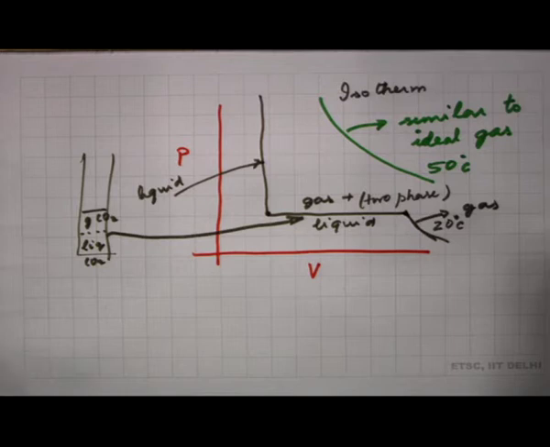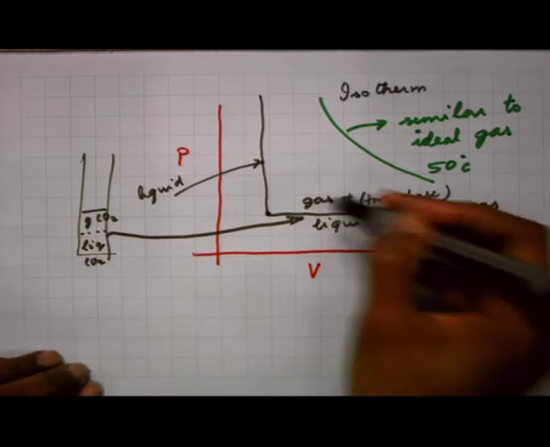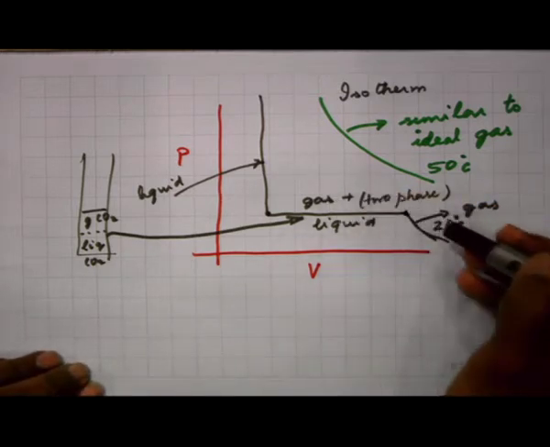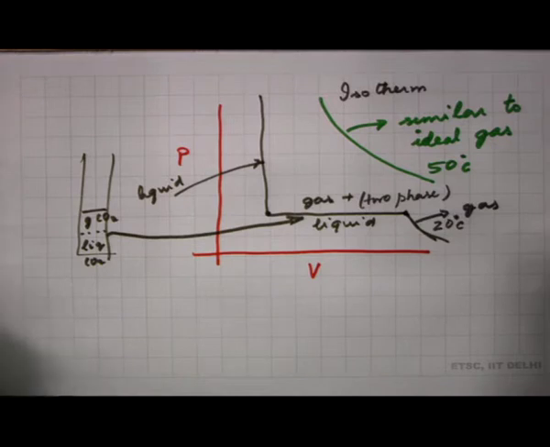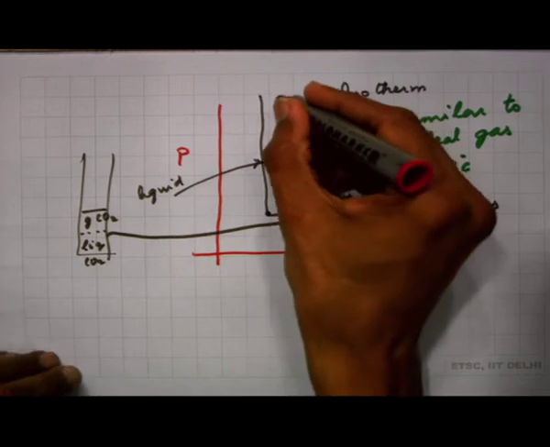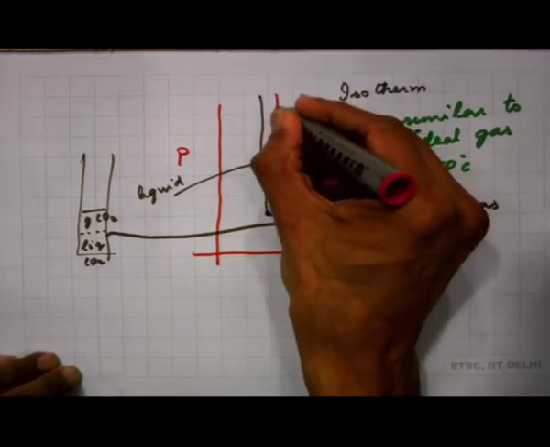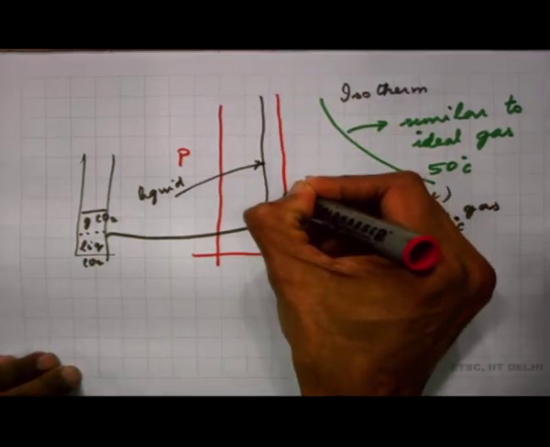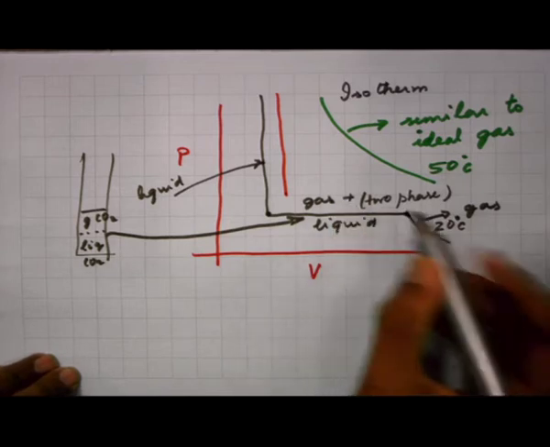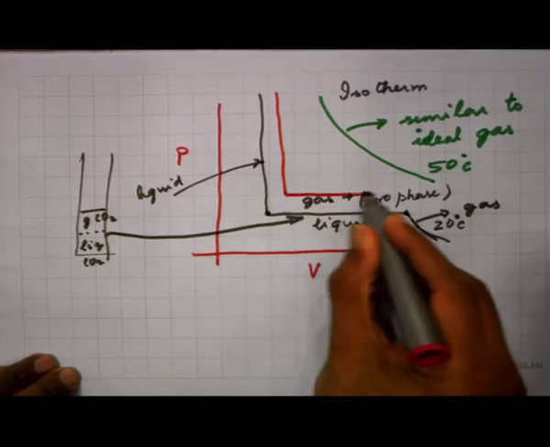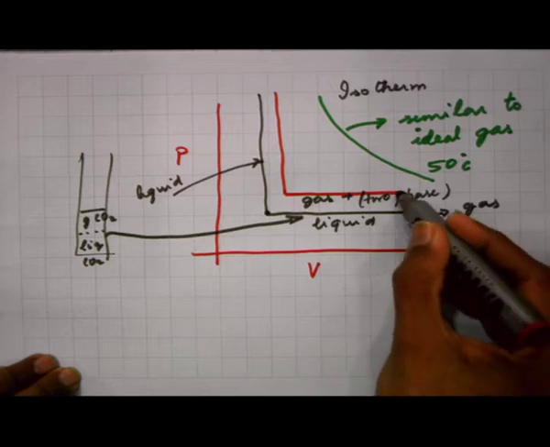Now, if you did this at, let us say, 25 degrees centigrade, you have something very similar, and for details look at what is there in the book, you will find similar things.